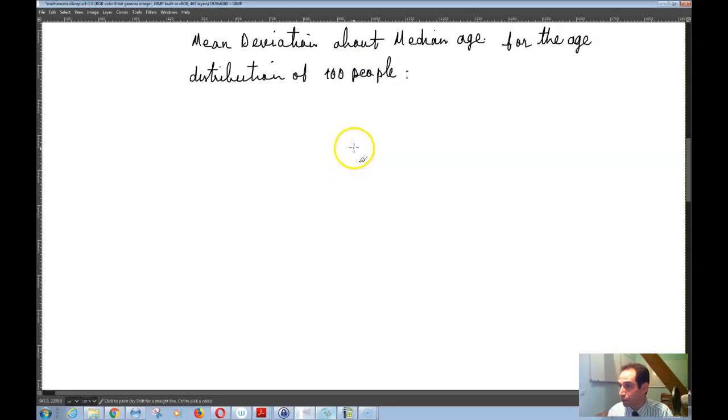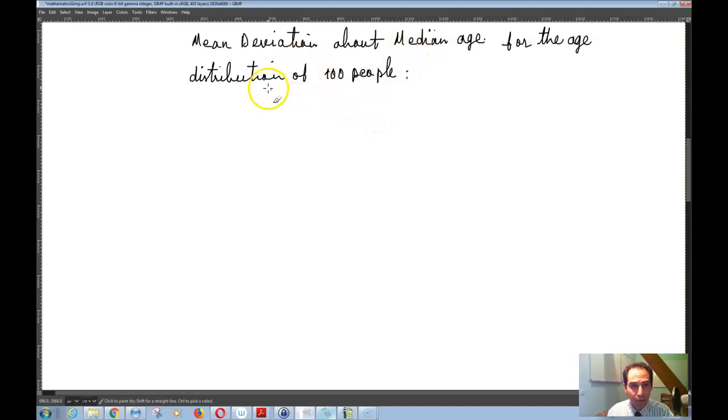That means you have had 100 people, and you have prepared some data for a distribution about their age, and you want to calculate the mean deviation about the median age. Meaning that you want to calculate the median age and then the mean deviation about that.